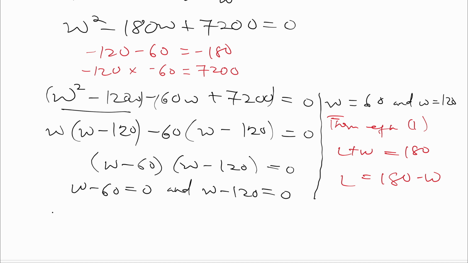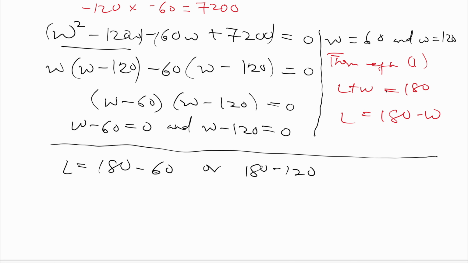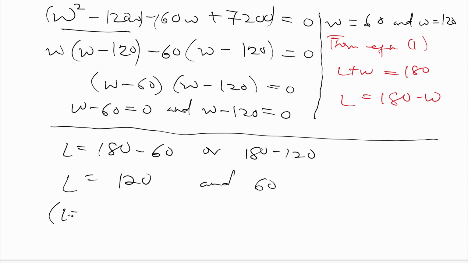So L could either be 180 minus 60 or 180 minus 120. L will be equal to 120 when W is equal to 60, and L will be equal to 60 when W is 120.